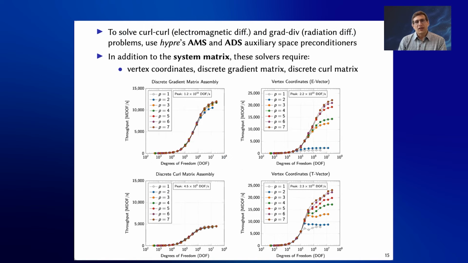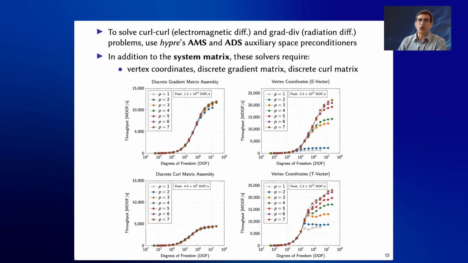So for problems in these vector finite element spaces, you can't apply vanilla AMG to the matrix and expect to get good performance. You need to use specialized solvers. So we're using Hypre's auxiliary space preconditioners, AMS and ADS, to solve these problems. It's close to black box, but they do require some additional inputs beyond just the matrix.